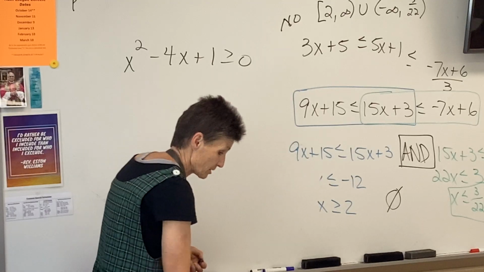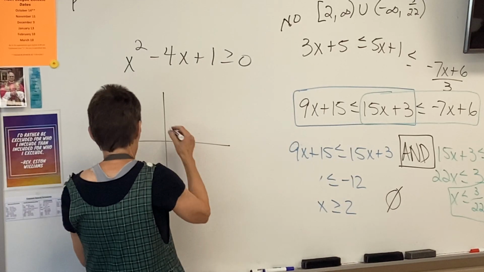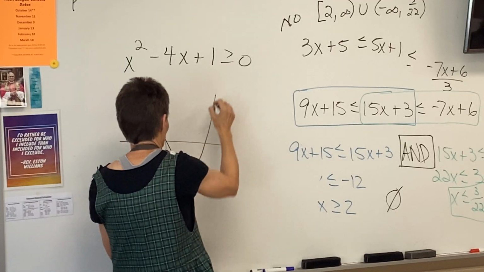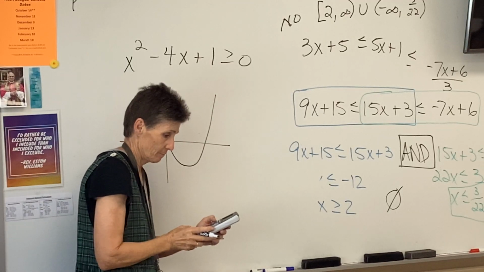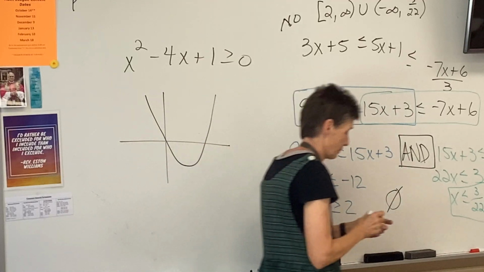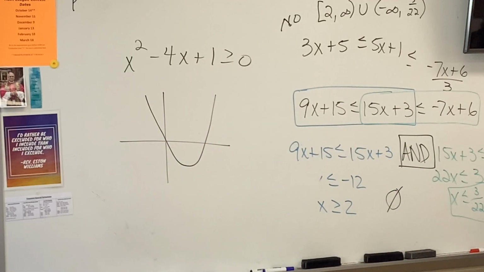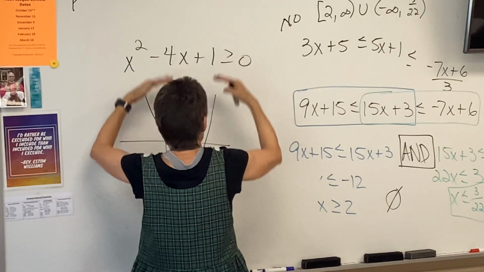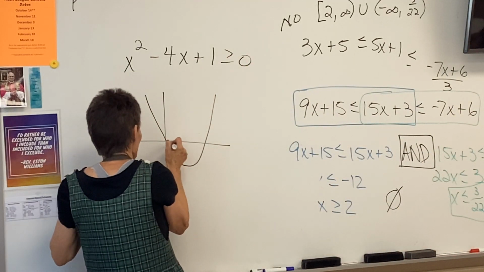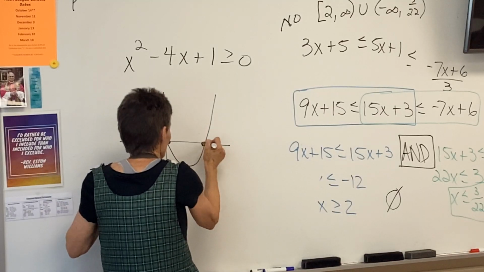It's an x squared, so it's a parabola. How are we going to get an answer from our picture? What am I looking for, Caitlin? You're looking for where it's above the x-axis. Exactly, greater than 0. Where are my y values bigger than 0? Well, they're bigger than 0 from here on up and from here on up.